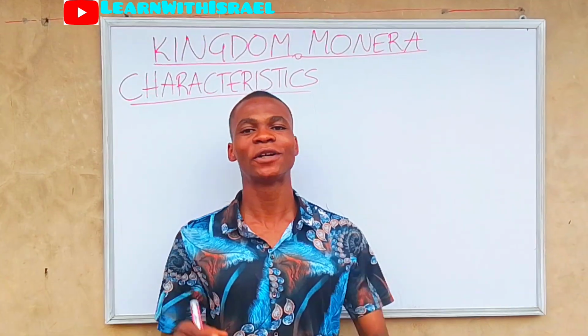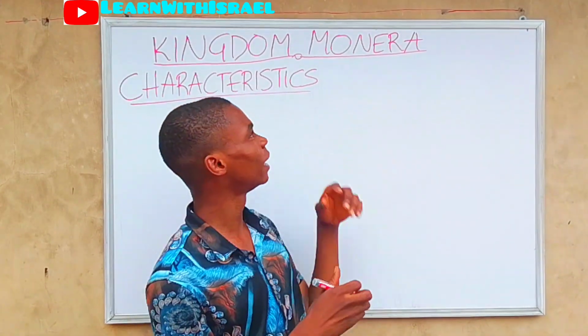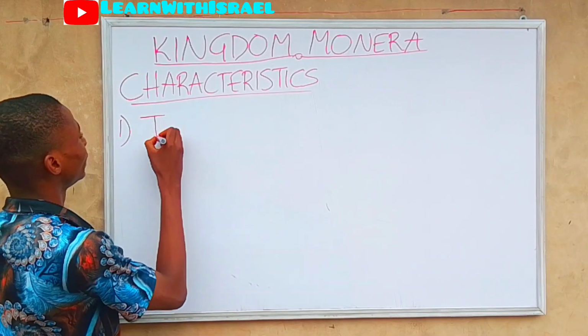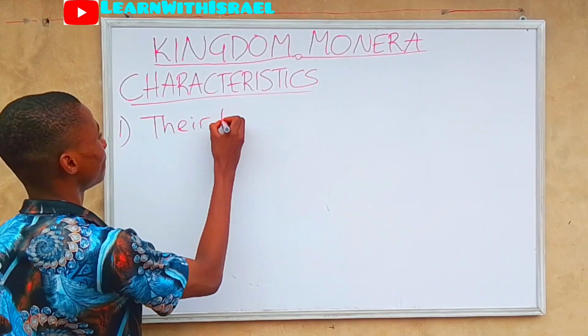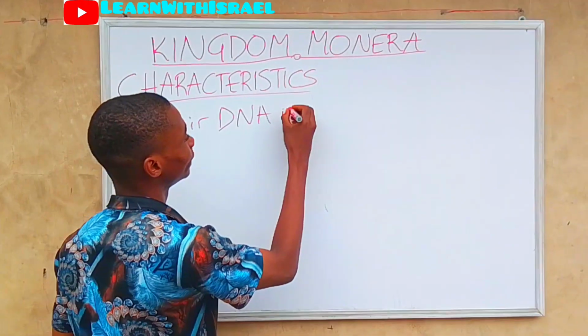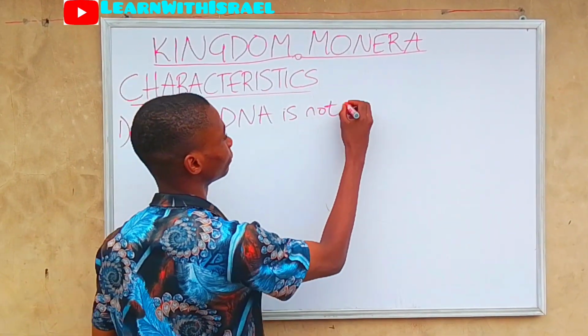So now we'll be talking about the characteristics of Monerans. The first characteristic is their DNA. The DNA of Monera is not organized.